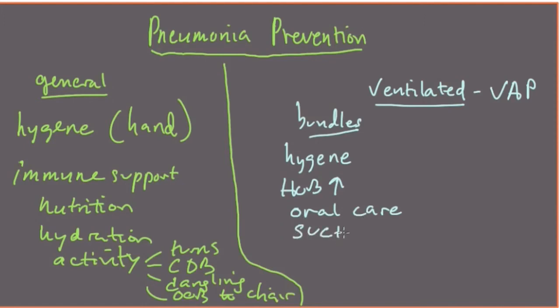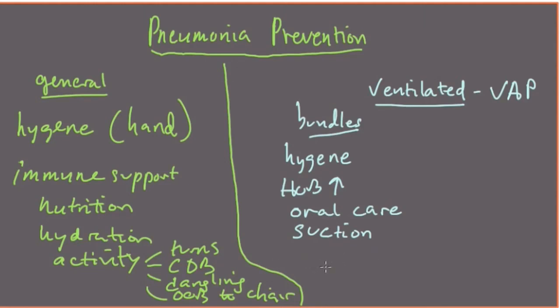Frequent suctioning, both of the mouth and the subglottic area, also makes an environment that's less likely to produce microorganisms. If you have a wet, moist environment with all these secretions sitting there in stasis, microorganisms love that type of environment. They can reproduce very well there. So suctioning higher up in the airway, in the mouth, down into the subglottic area will reduce that situation.